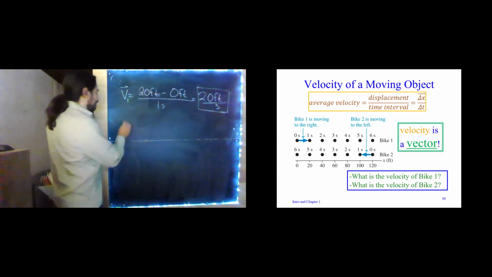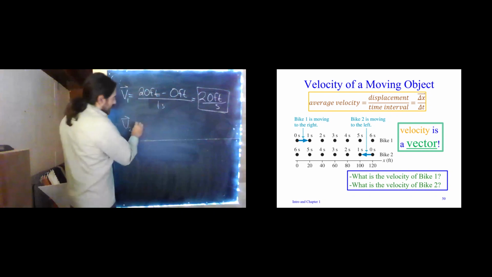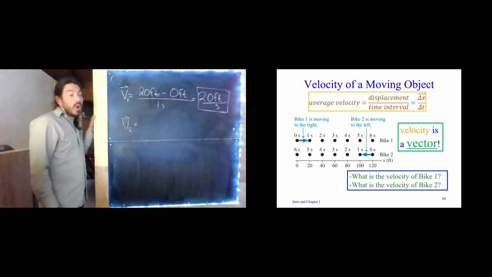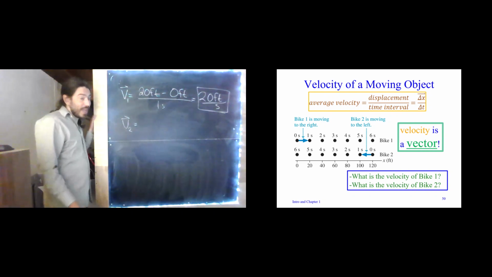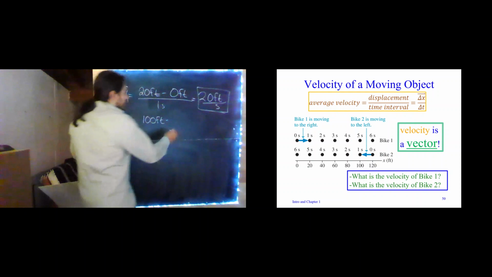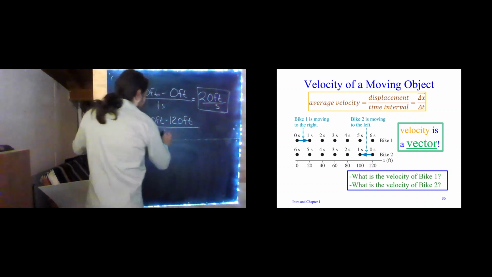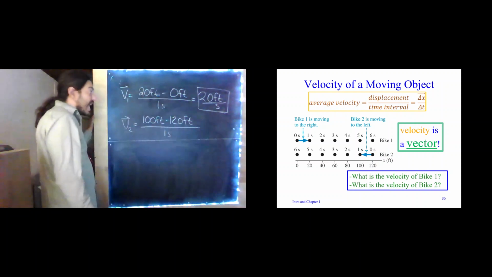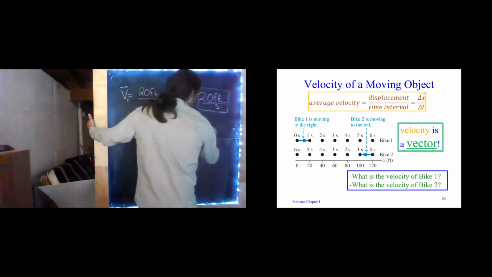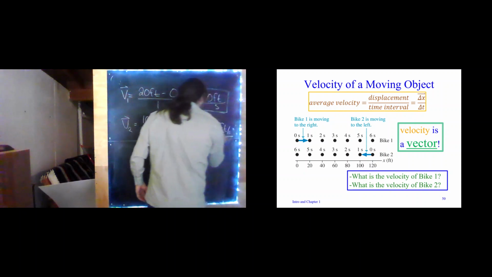How about for bike 2? Well, velocity of bike 2. Well, bike 2 ended up at 100 feet, so final is 100 feet. Minus initial is 120 feet. All over 1 second. And so notice that this is negative 20 feet per second.